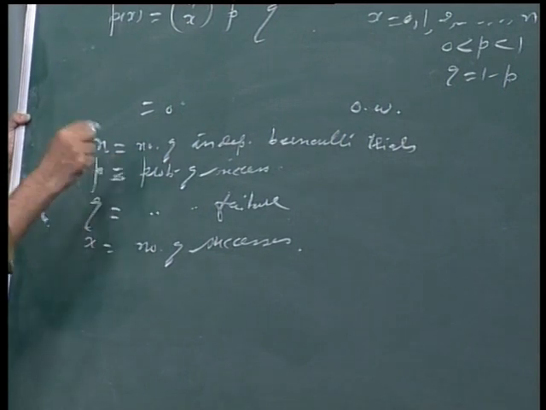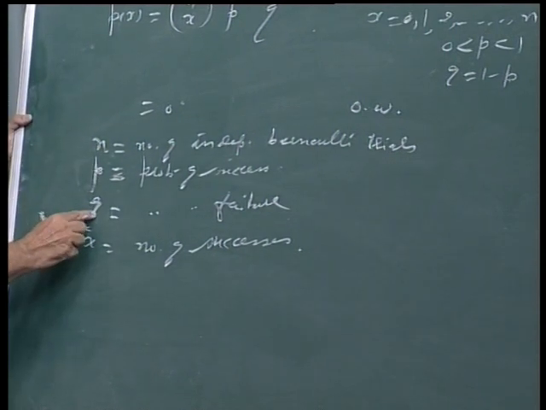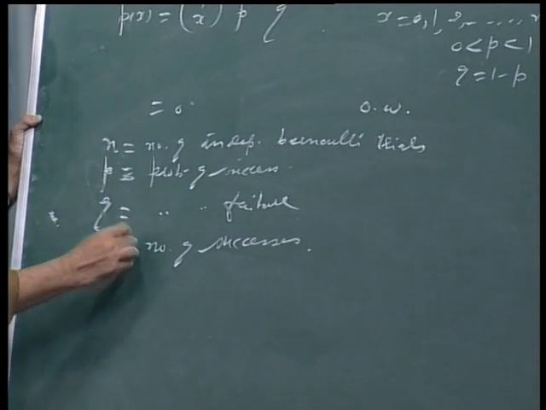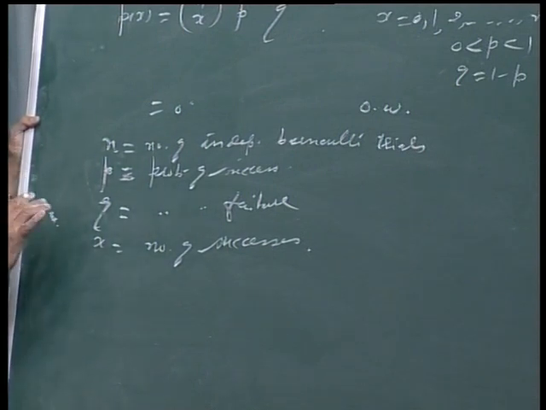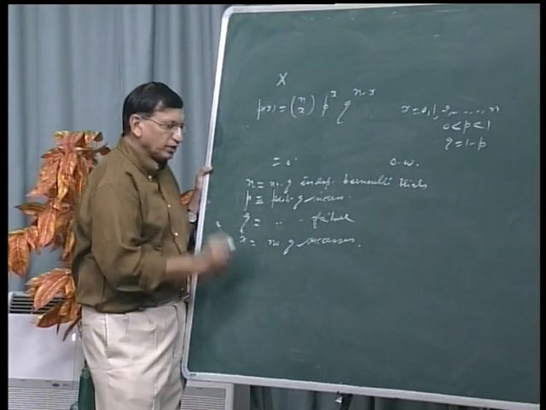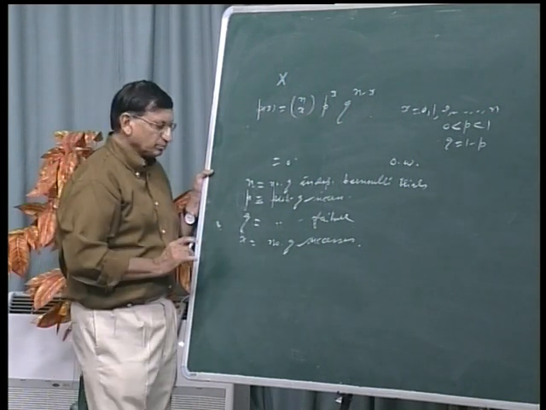Then p, the probability of success. The event whose probability is to be obtained should be taken as success, and we find the probability of that success for one particular trial. Q can be obtained automatically by 1 minus p, and x is the number of successes required. In any example of binomial distribution, you find the values of n, p, q, and x, and just substitute the values, and you will get the exact answer.